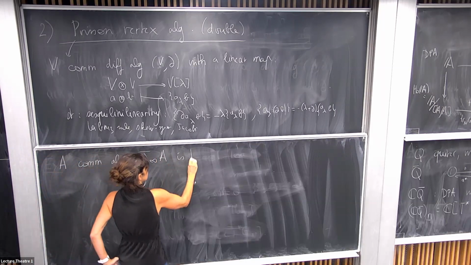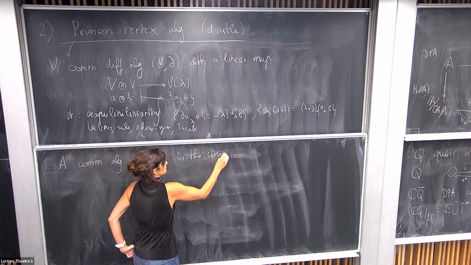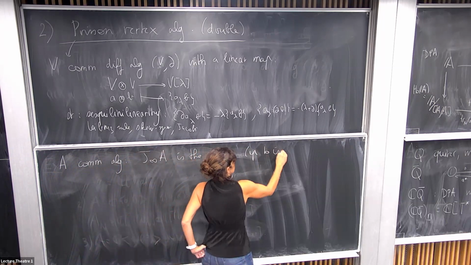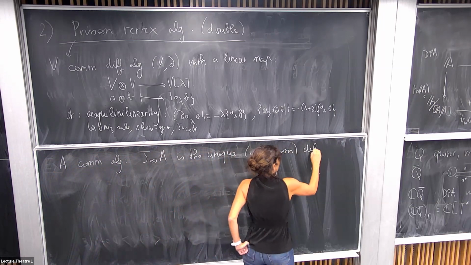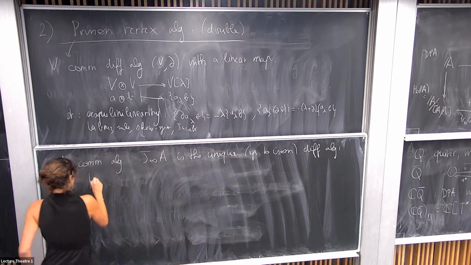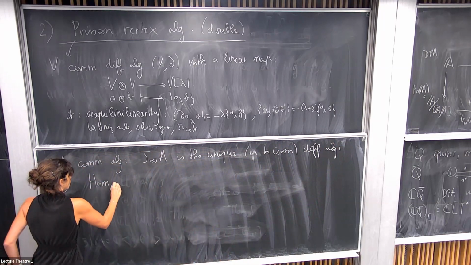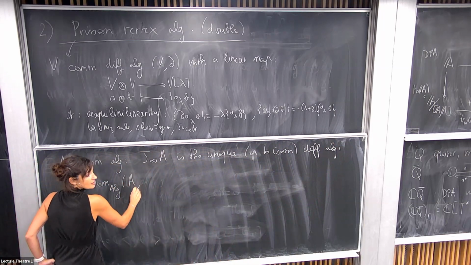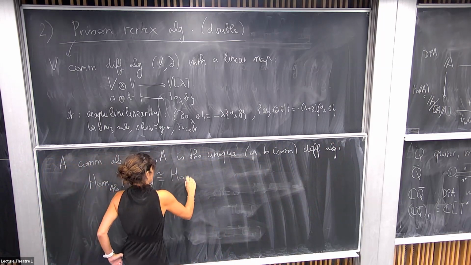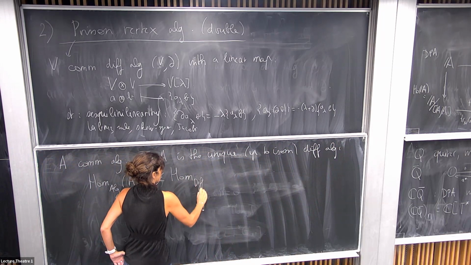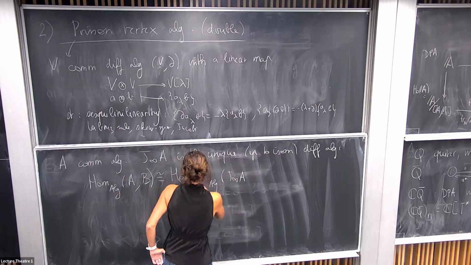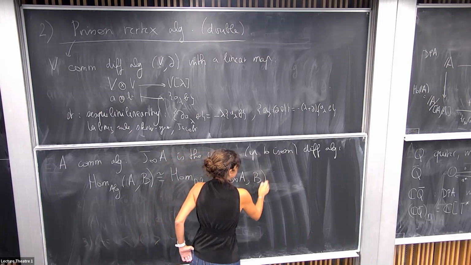This is a unique, up to isomorphism, differential algebra which satisfies a universal property: homomorphisms of algebras from A to any differential algebra B are the same as homomorphisms of differential algebras from this jet algebra to B.